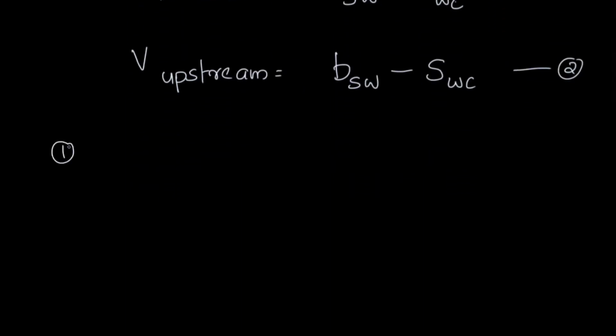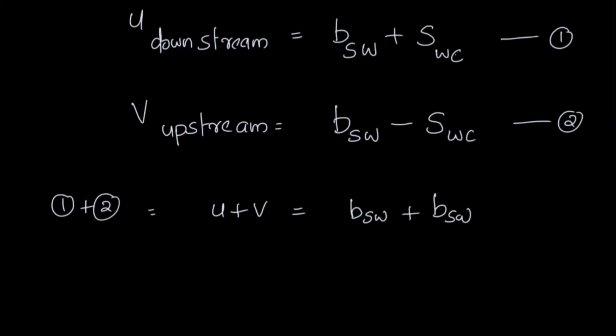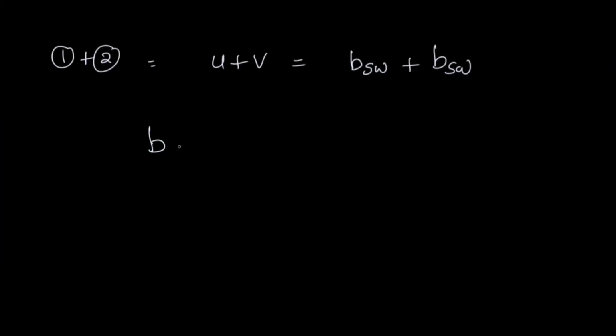Then add 1 plus 2. Then we get u plus v equal to BSW plus BSW, which is nothing but 2 BSW.